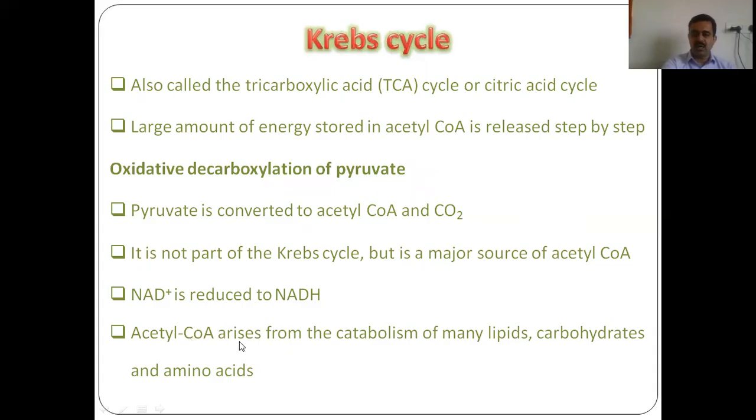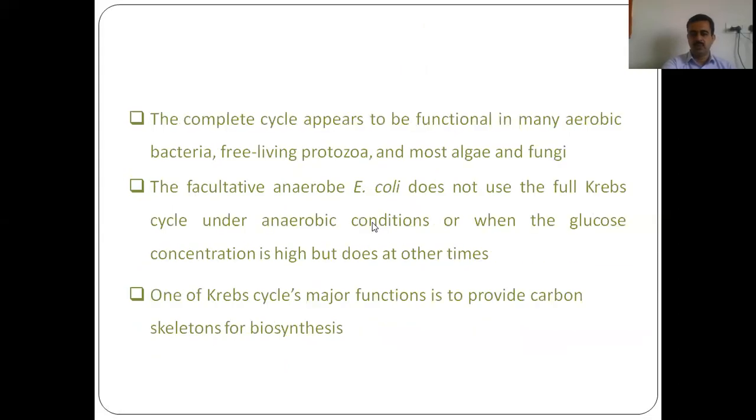Acetyl coenzyme A arises from the catabolism of many lipids, carbohydrates, and amino acids, and ultimately the Krebs cycle is run. The complete cycle appears to be functional in many aerobic bacteria, free-living protozoa, and most algae and fungi. The facultative anaerobe E. coli does not use the full Krebs cycle under aerobic conditions when the glucose concentration is high, but does at other times.